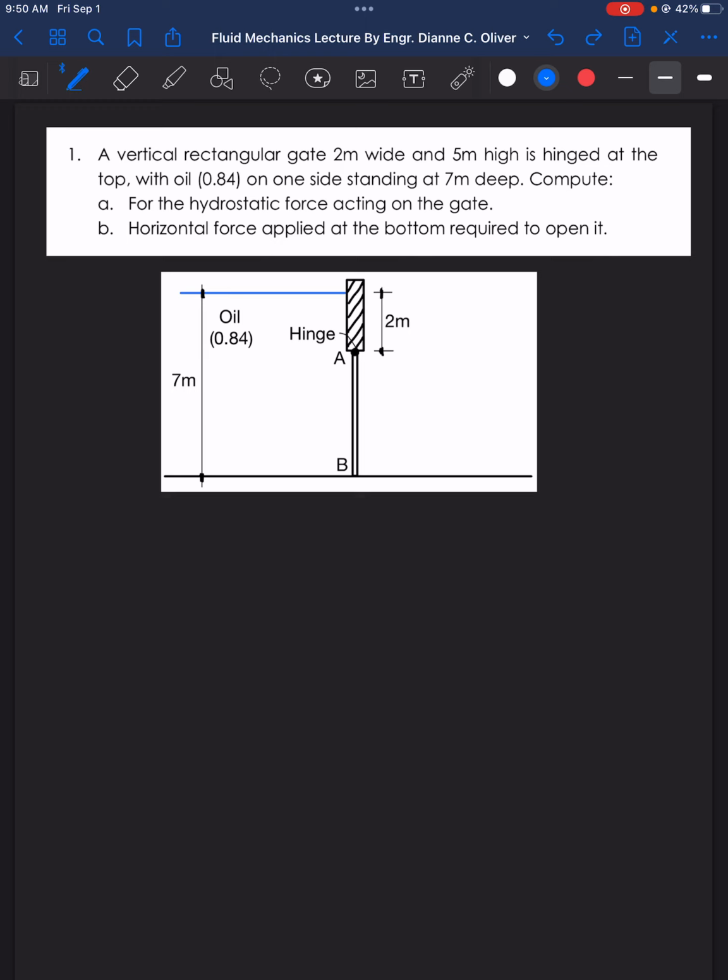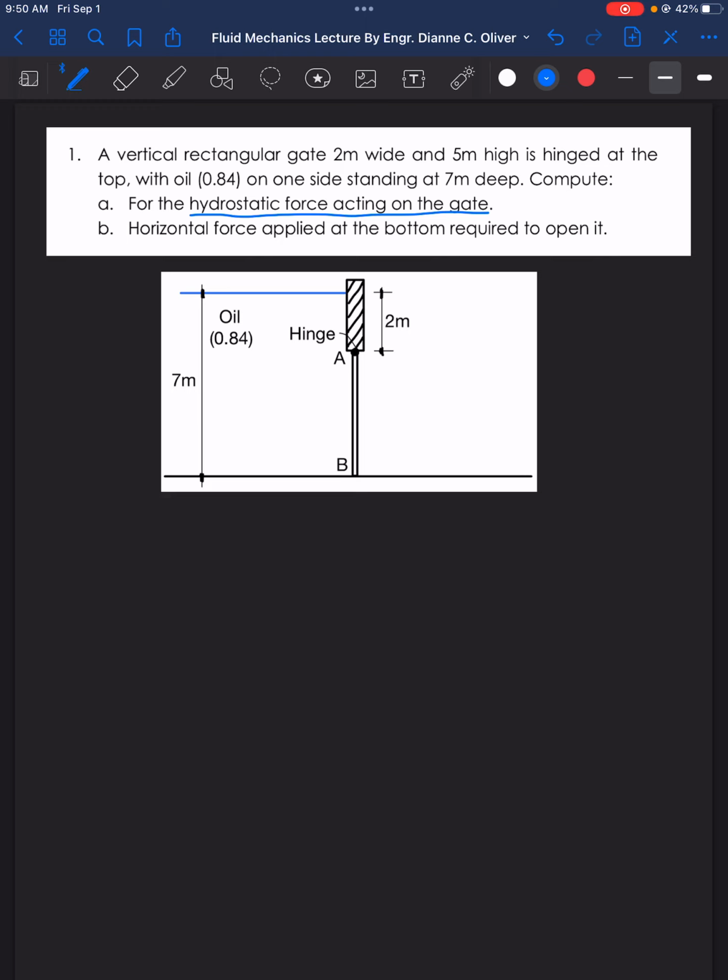We need to compute for letter A, the hydrostatic force acting on the gate, and B, the horizontal force applied at the bottom required to open it. So how do we determine what is being asked here? It says in letter A, the hydrostatic force acting on the gate. Where do we draw that hydrostatic force?